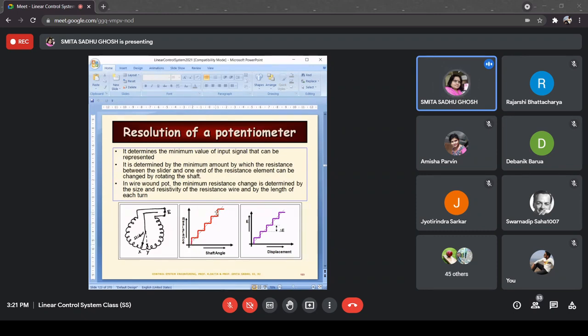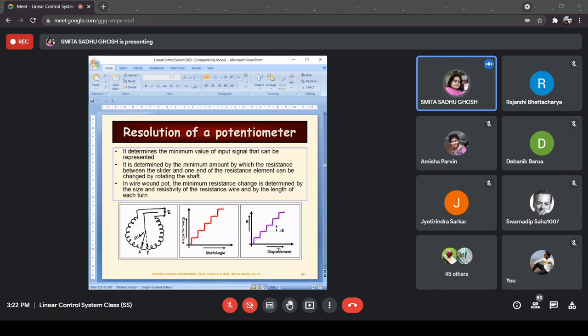The dotted one is going to give us a linear characteristic between the resistance that is going to be dictating your output voltage and the input side, that is the shaft angle, how much displacement in the shaft there is. So the dotted characteristic is the linear one, whereas the actual one is the red stepped characteristic that you see over here. Of course, the resolution will be determined by the size of the steps.